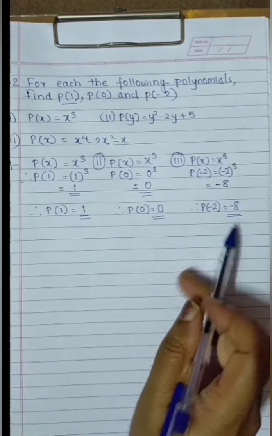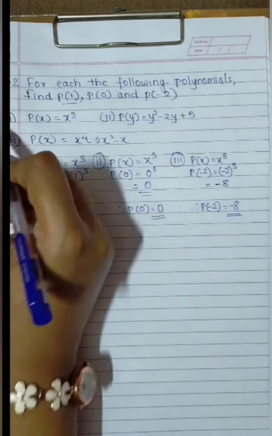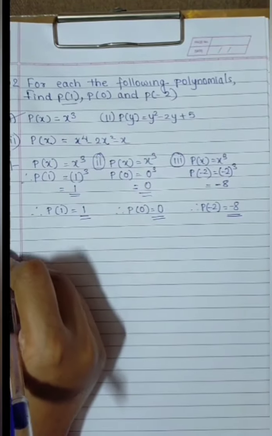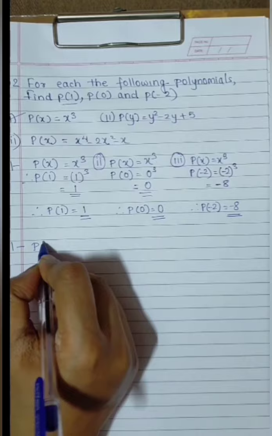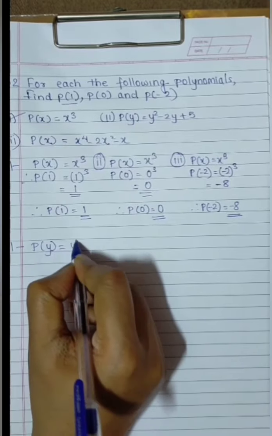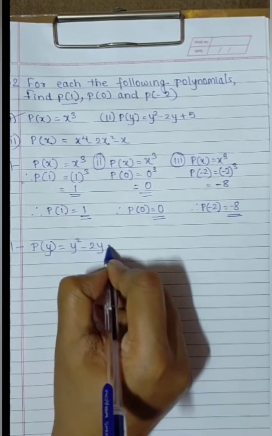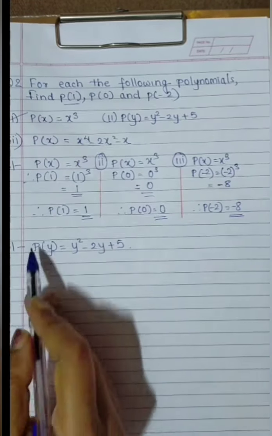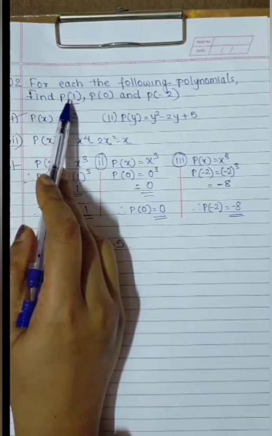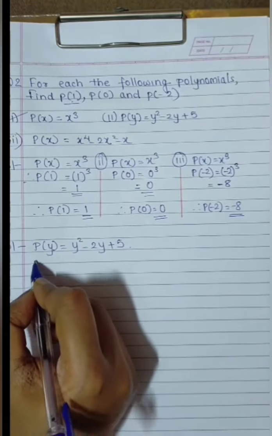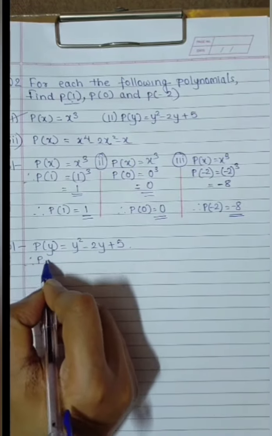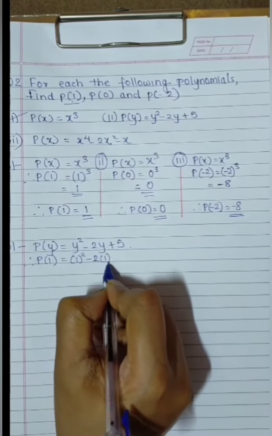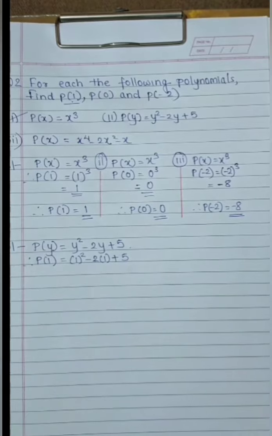So we have solved the first equation. Now we are going to solve this one. So the solution I am writing here, p(y) equal to y square minus 2y plus 5. Now I am taking the second equation with the value of 1. So therefore p(1) equal to 1 square minus 2 into 1 plus 5. Okay.